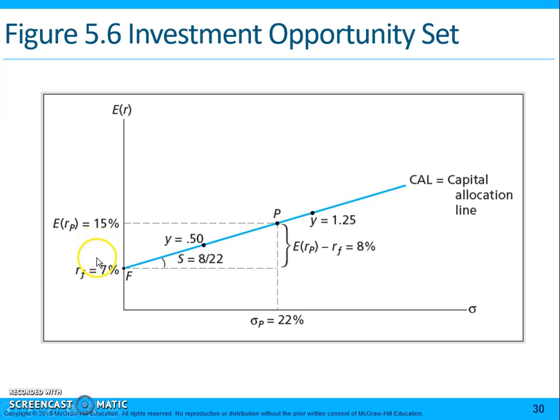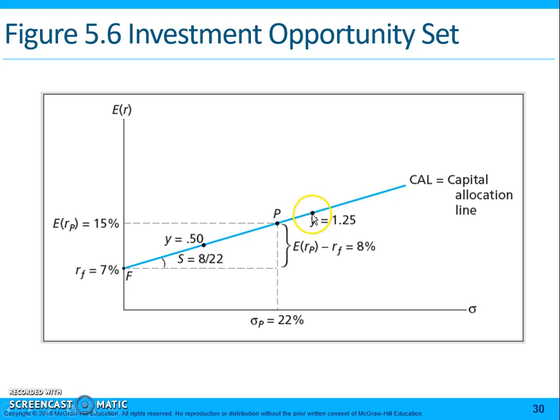Our expected return would be 0.5 times both of those, which I believe would be roughly 11%. We could also calculate our standard deviation. That would be 0.5 times 22, or 11%.